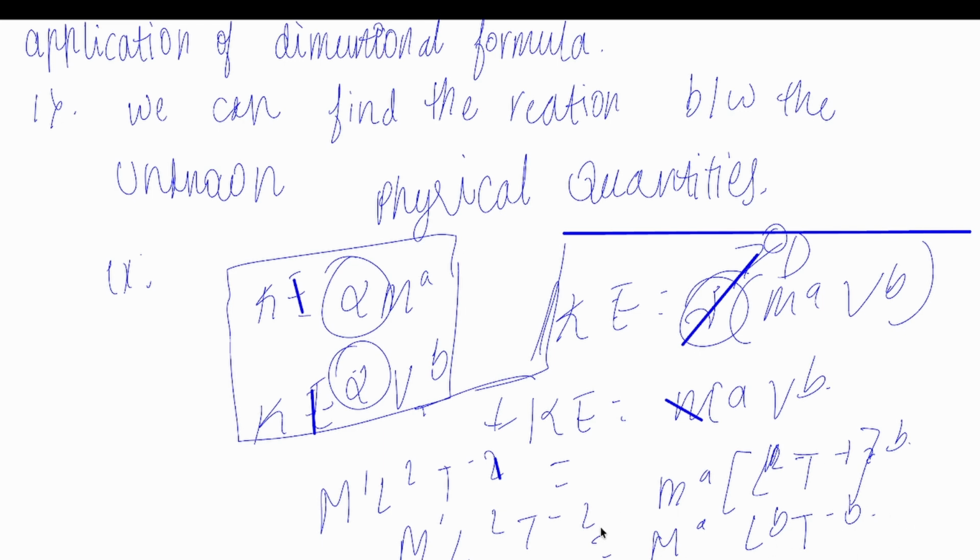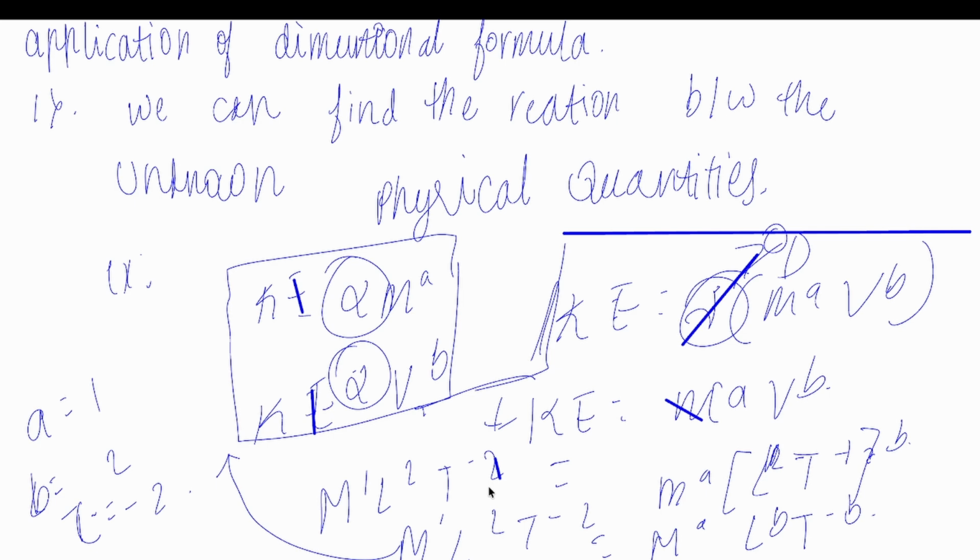From here I can directly say that a is equal to 1, b is equal to 2, and c is equal to minus 2. I can directly write the dimensional formula. If I don't know it, I can use dimensional analysis to find the dimensional formula.